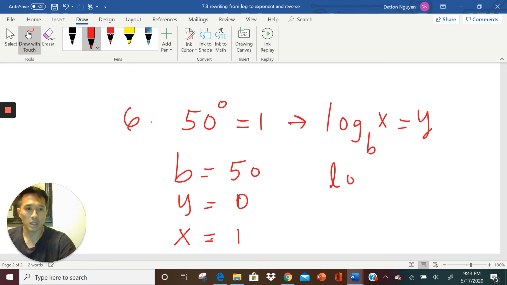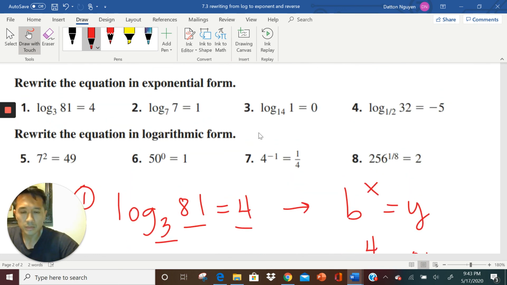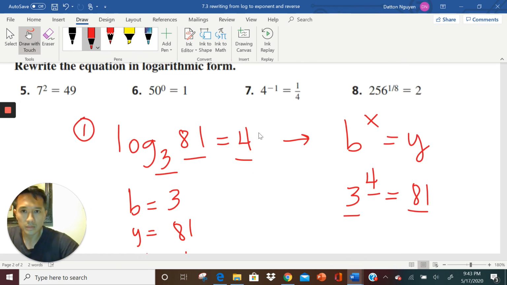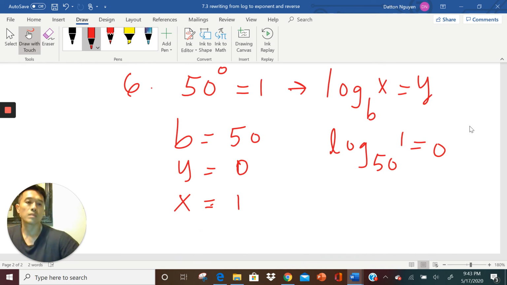So then log base 50 of 1 equals 0, and that's your answer there.